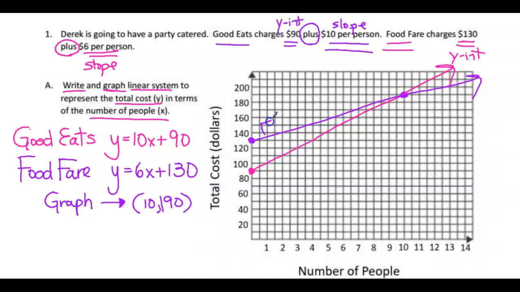So Food Fare, I'm going to label it right here. This is Food Fare. And then it goes below over here, Food Fare, because you want to make sure you know where your lines are. And then the pink line, Good Eats. And this is Good Eats over here.